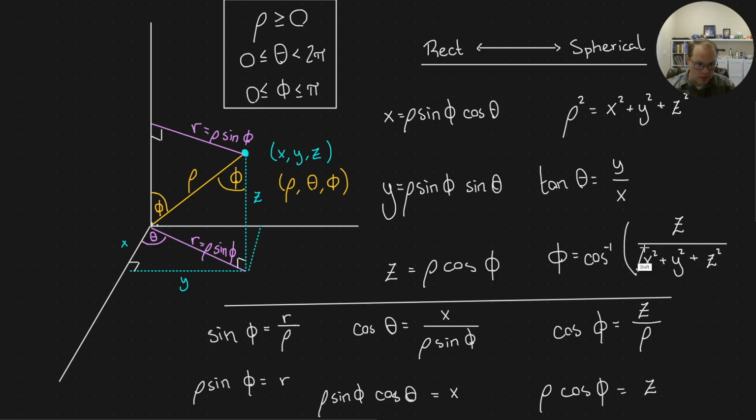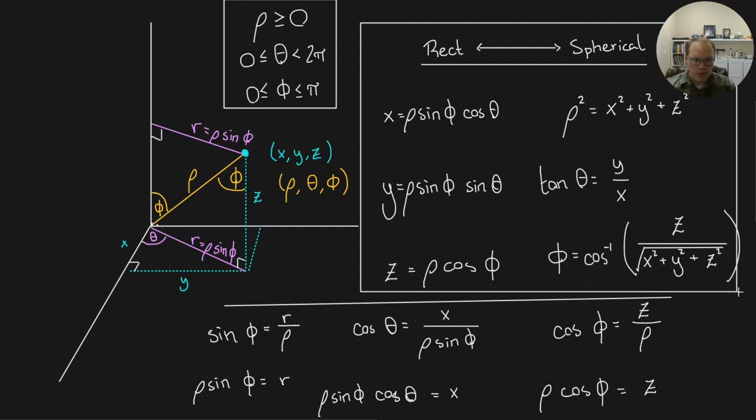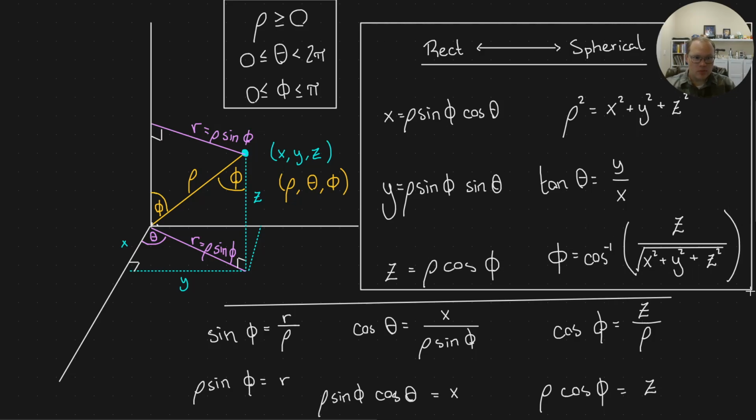These are relationships between our rectangular variables and our spherical variables, and we should memorize them. Okay, these are important. We will be using these for the rest of this class.